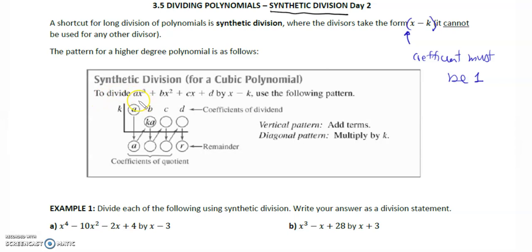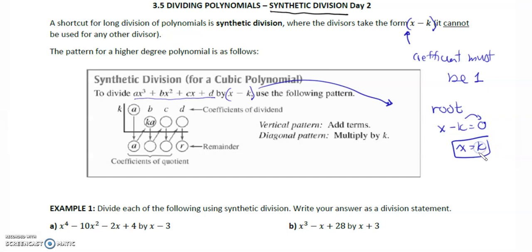To divide some polynomial by x minus k, think about finding the root of it. When does x minus k equal 0? Bring over the k, well, when x equals k. So right here, you want to put the actual root.